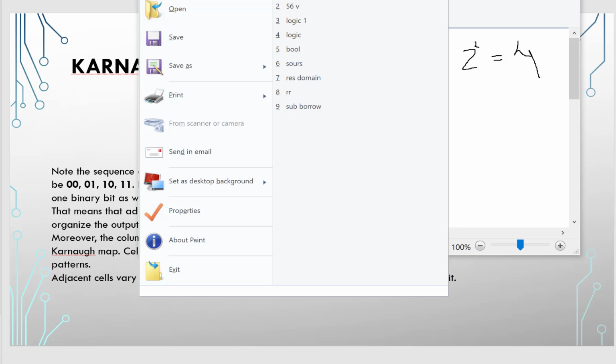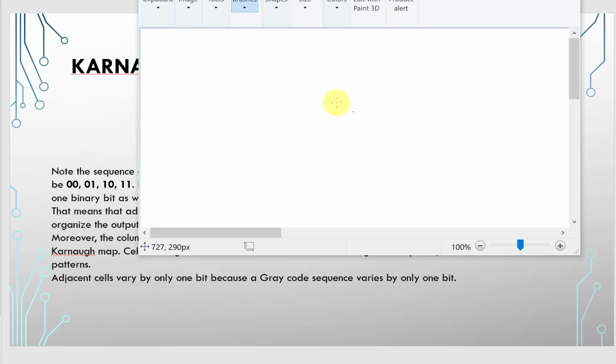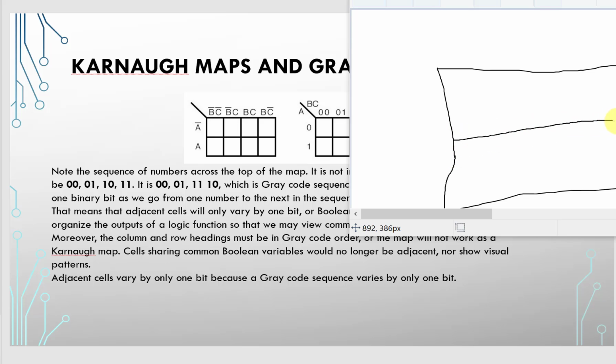As we will see, I'll write for you. We'll make 8 cells. Why 8 cells? Because there are 3 variables and 2 raised to power 3 is 8, right?